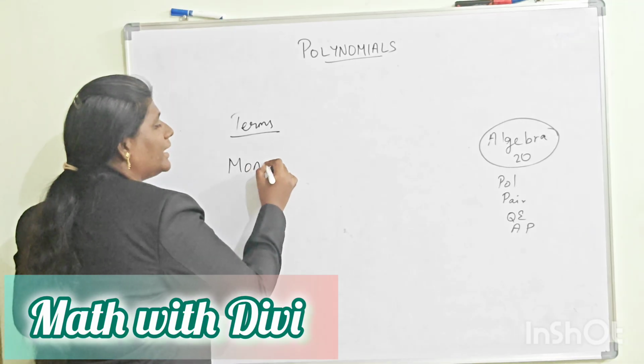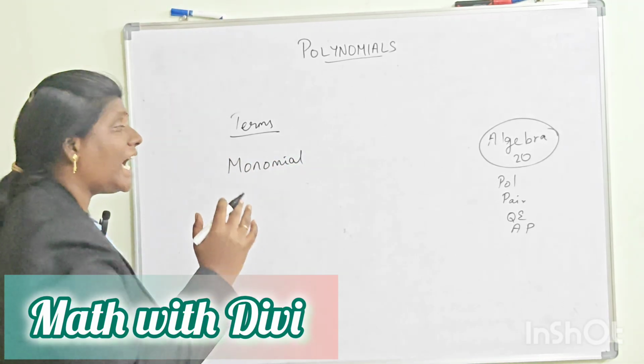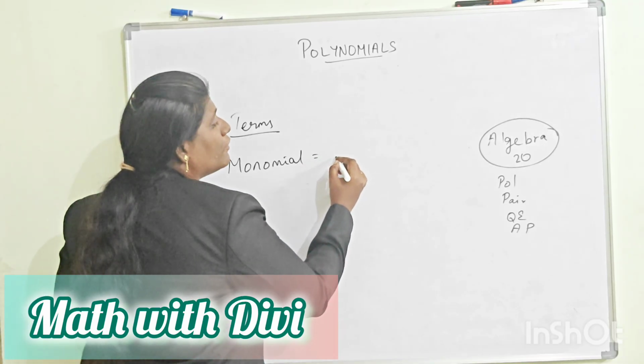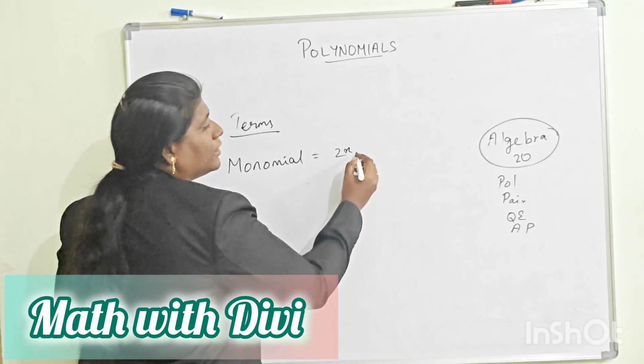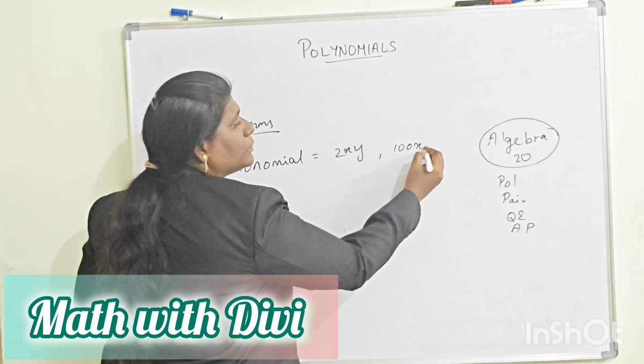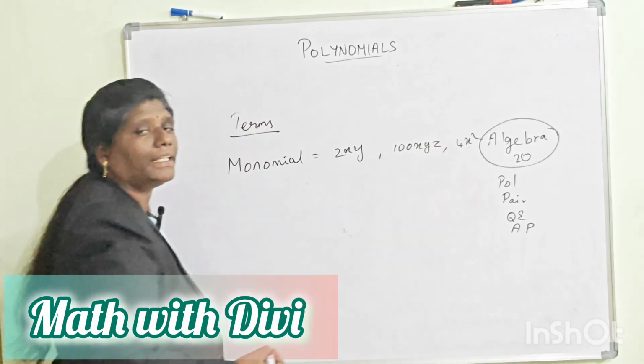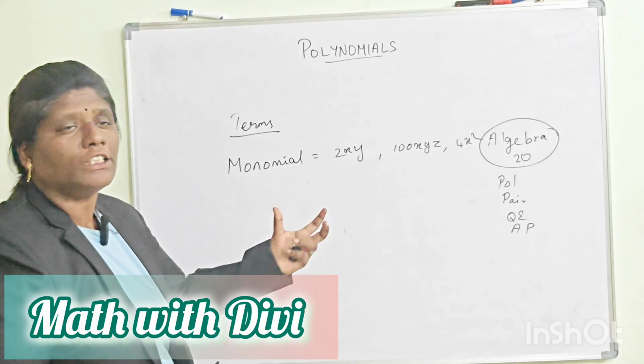Mono means 1. A monomial is a polynomial which has only one term, for example 2x, 2xy, 100xyz or 4x square. Like that, there should be only one term.